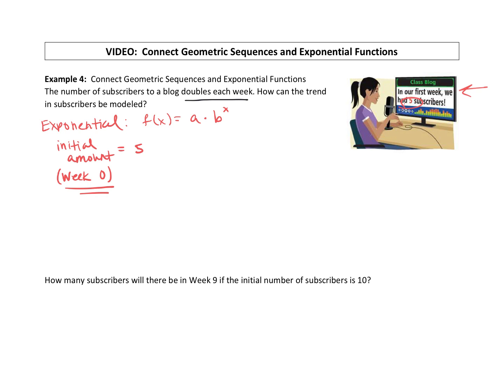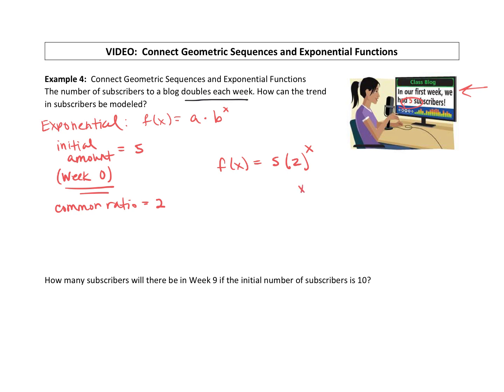All right, and then our b value is our common ratio, which is 2 because we double each week. So our exponential model, f of x equals initial amount 5 times your common ratio 2 raised to the x power.